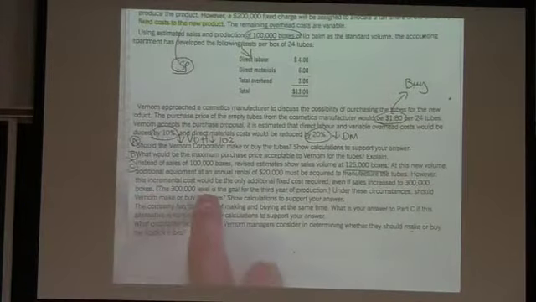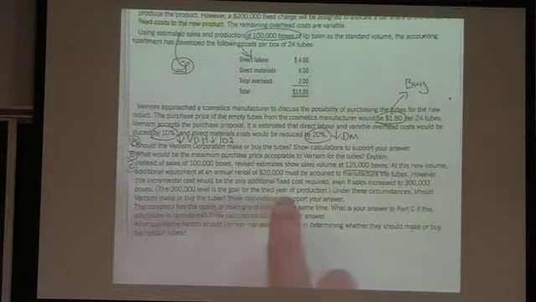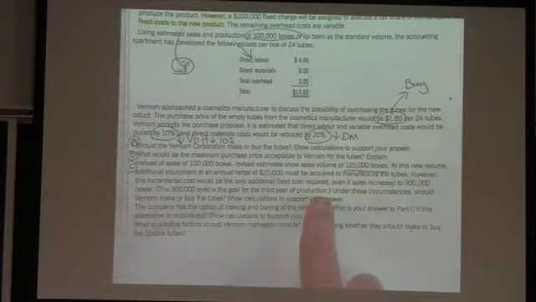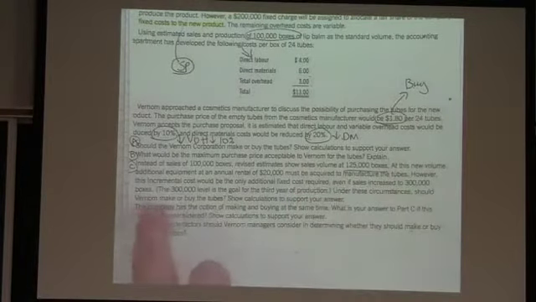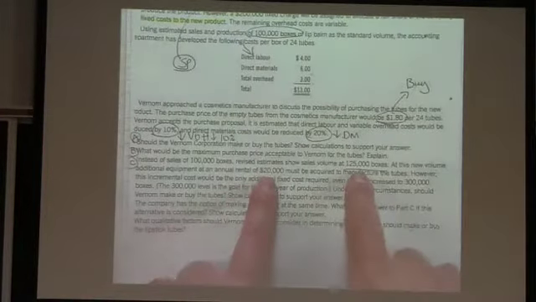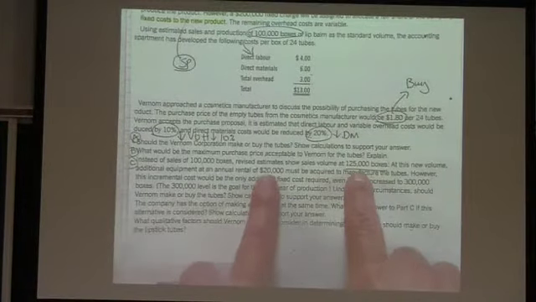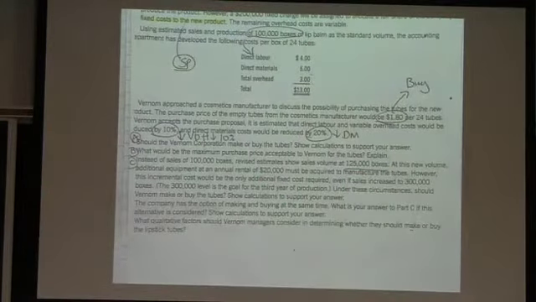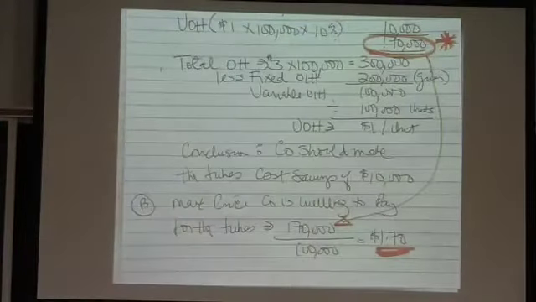The 300,000 level is the goal for the third year production. Under these circumstances, should Vernum make or buy the tubes? So now they've changed it. Now we got up to 125. And the only difference here for 125 is the additional rental of 20,000. Okay, so let's do that together.